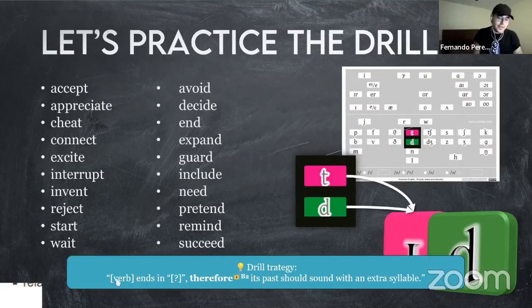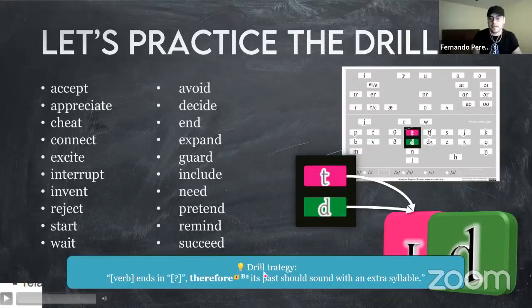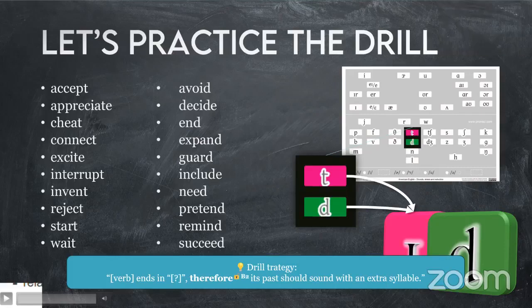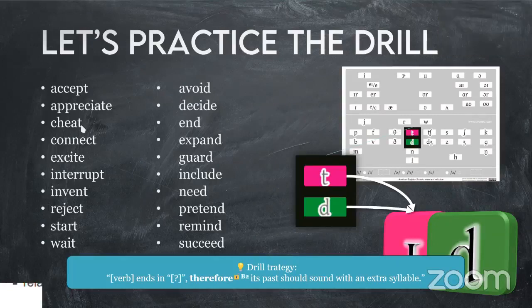Practice the drill. Cheat ends in the last sound, T. Excellent. Complete. Okay. Cheat ends in T.